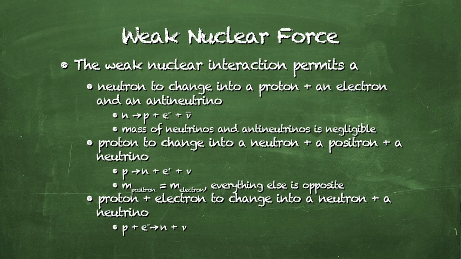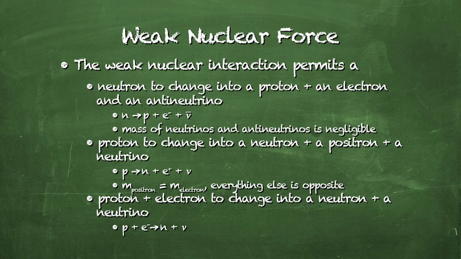Now, the mass of a positron is equal to the mass of an electron. Everything else is the opposite. Its charge, for example: whereas the electron has a negative charge, the positron has a positive charge. Whereas the electron has an electron number of 1, the positron has an electron number of -1.